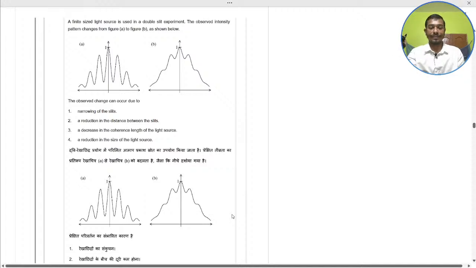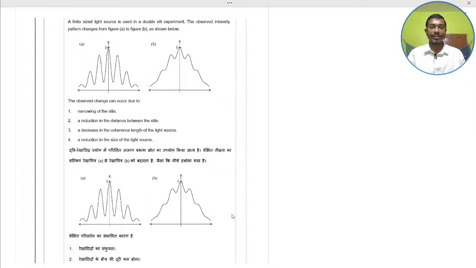A finite sized light source is used in a double slit experiment. The observed intensity pattern changes from A to B. Which statement is the correct? This is coming from the optics, electromagnetic theory.